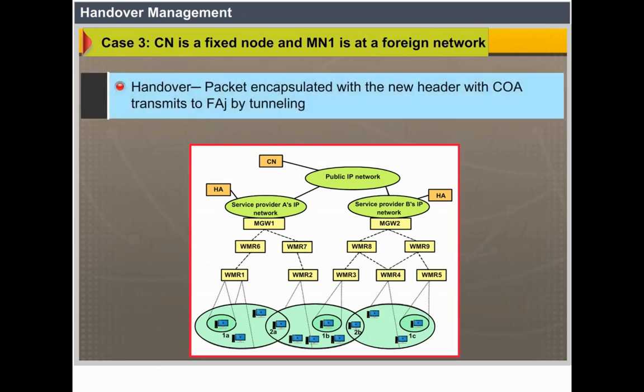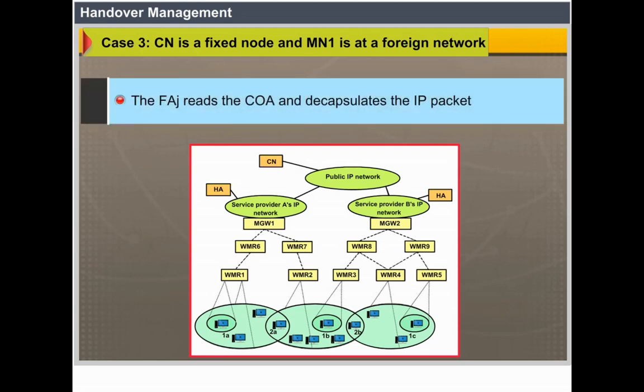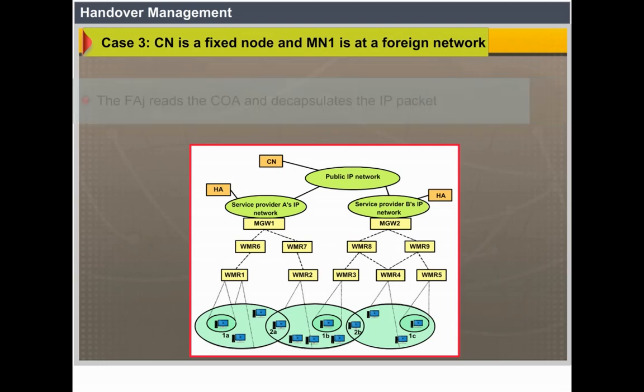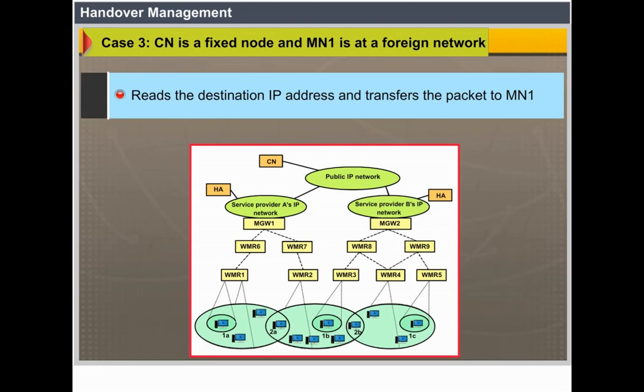The packet encapsulated with the new header with COA transmits to FAJ by tunneling. The FAJ reads the COA and decapsulates the IP packet, reads the destination IP address and transfers the packet to MNI.